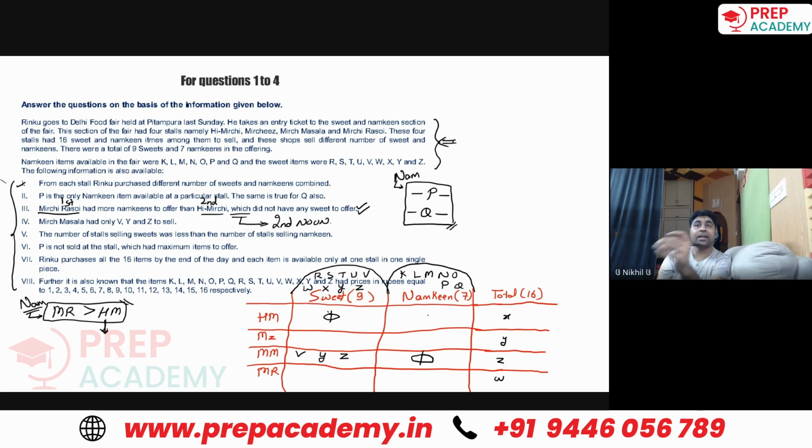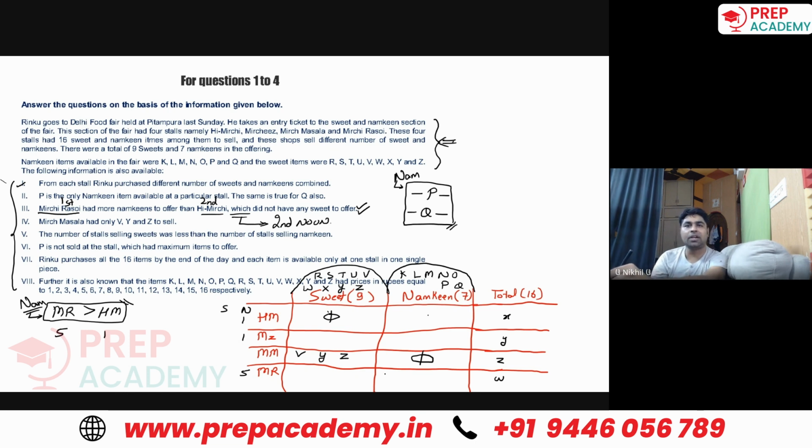And obviously the three stalls will have one namkeen, or let's say one and one, and the other is five. So this is the combination that is going to be there about the namkeens. Because MR has the maximum number of namkeens, MR will have five namkeens and HM will have one namkeen.